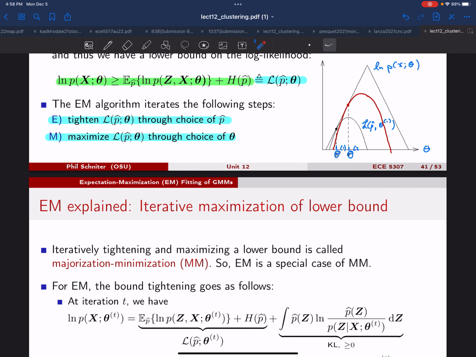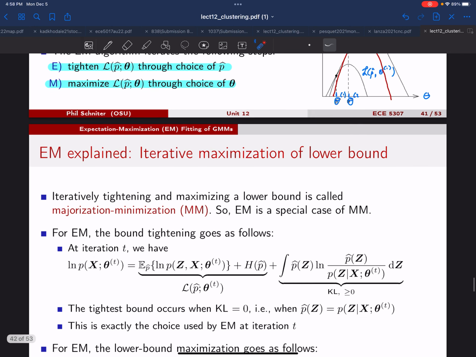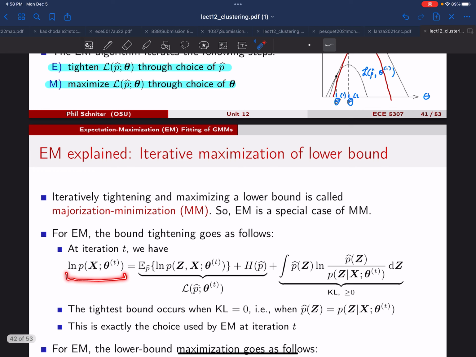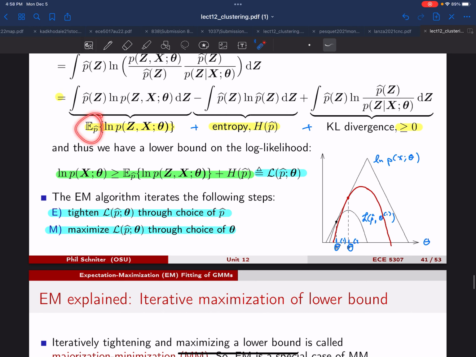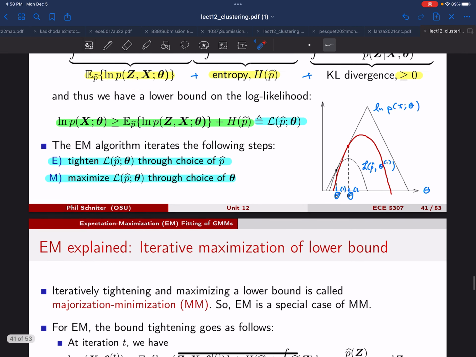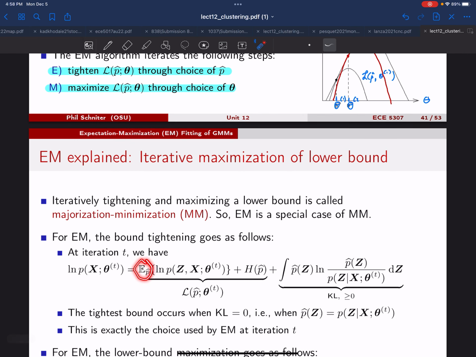Okay, so remember that this is our log likelihood, and we're going to have, as you can see, expectation over p hat of the log of the joint, plus we have our entropy term, and this is an equality, so I'm also including the KL term, which we know is non-negative.